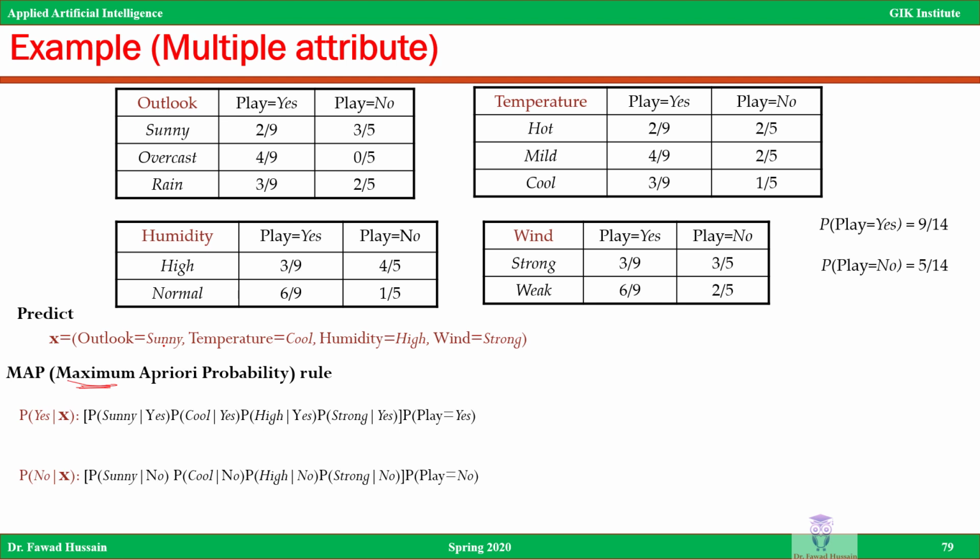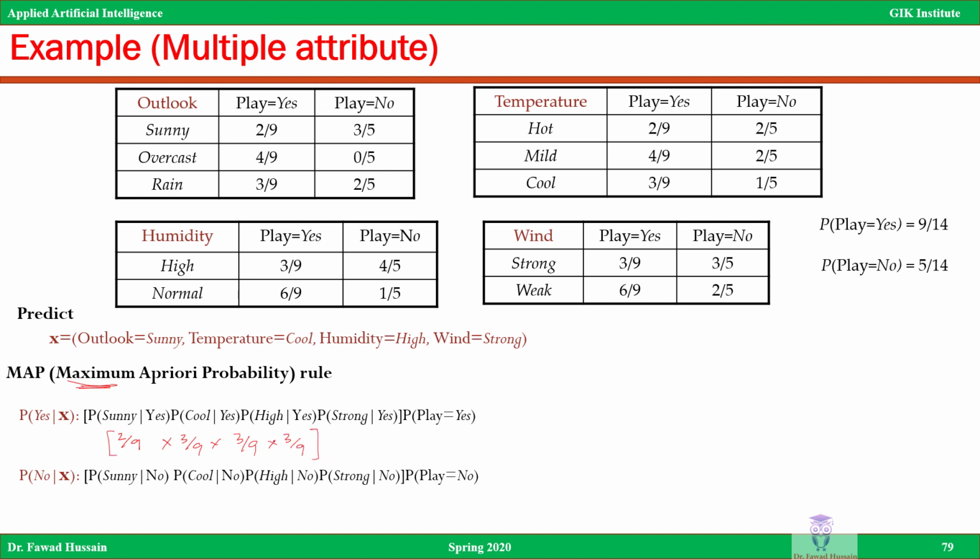So outlook equal to sunny for yes. We are now assuming it is a yes. So what's the probability that it's going to be sunny? This is 2 by 9, multiplied by the probability that the temperature is cool, which is 3 by 9, multiplied by the probability that the humidity is high, again 3 by 9, and multiplied by the probability that the wind is strong, which is again 3 by 9.